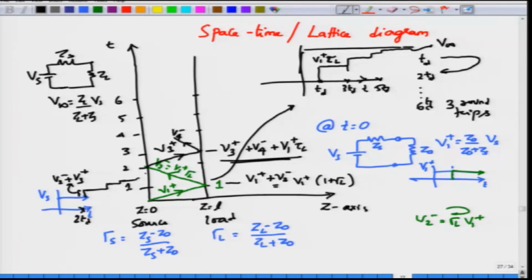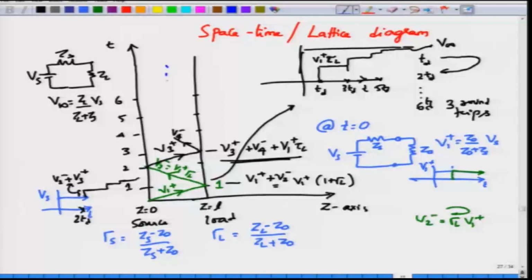So, you would again see that voltages are changing at the source as well as at the load. Okay. Not just that, sometimes you are interested in knowing the voltage at the midpoint of the line, let us say. So, at the midpoint, meaning at z equal to L by 2, you are going to wait until a time delay of Td by 2, right, for the voltage to change, and at that point it changes to V1 plus, then you will wait another Td, so that would be 1.5 Td.